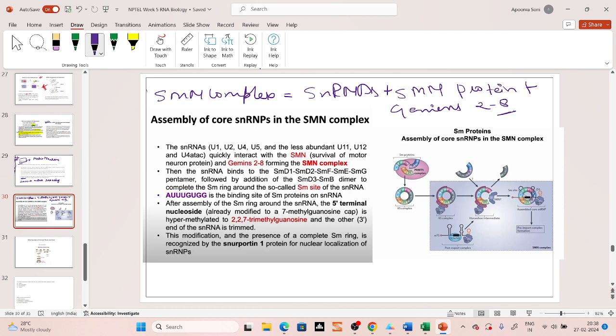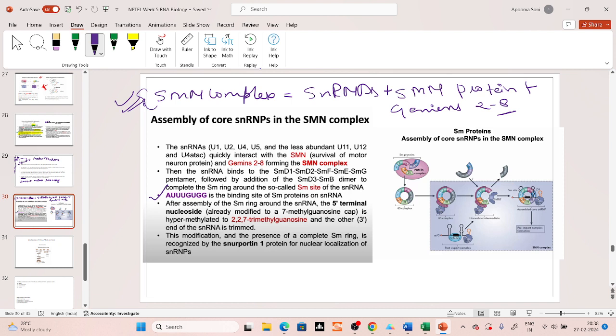Together they form your SMN complex. Now this SMN complex binds to the Sm site, which has a sequence of AUUUUUG.